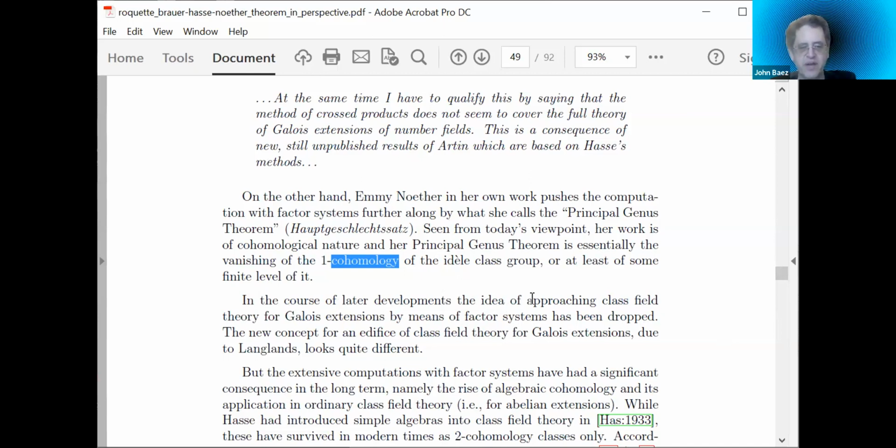In the course of later developments, the idea of approaching class field theory for Galois extensions by means of factor systems. So factor systems, which I will talk about, are like an explicit way to build a central algebra from a two-cocycle. Yes. You'll see it's very familiar to you when I discuss it.